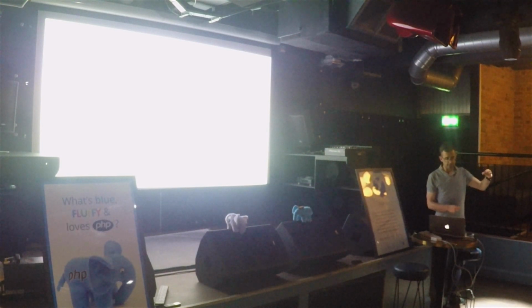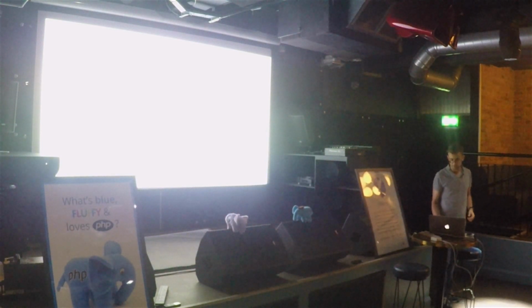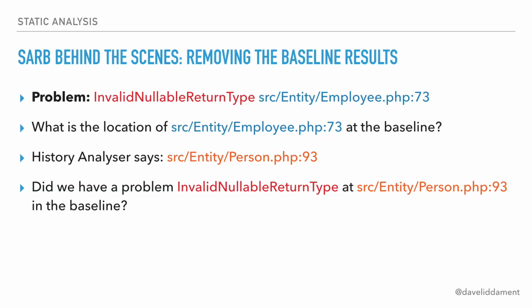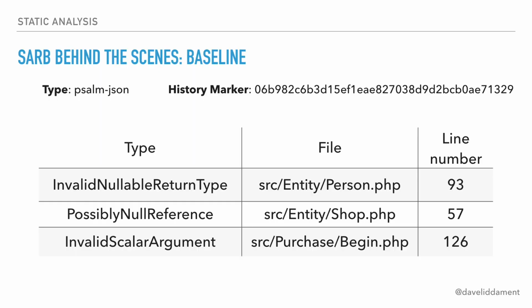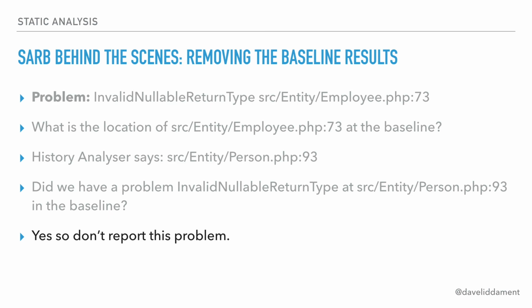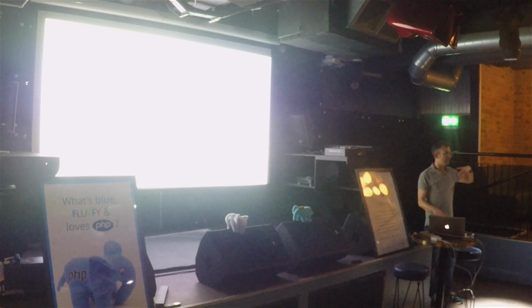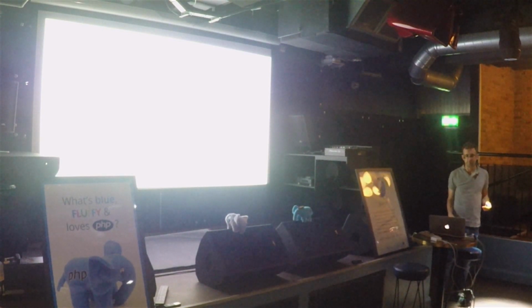Line 73 of employee was at line 93 in person in the baseline. And then it would say, okay, in the baseline, did we have a problem of type invalid nullable return type at line 93 in the file person.php? And we go, yep, we did. In that case, it's in the baseline, so I'm not going to report it. And then if it didn't find it in the baseline, it would say, well, this must be new, so I'm going to add it to the list of new things.